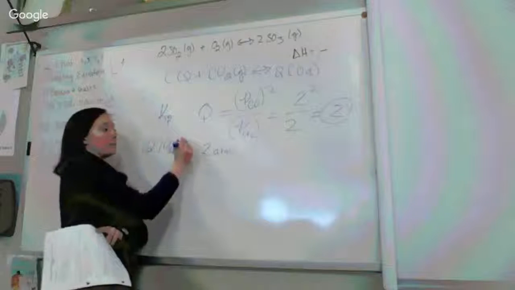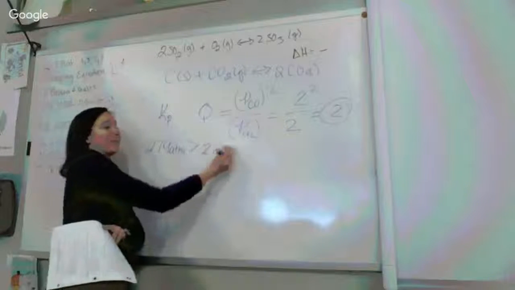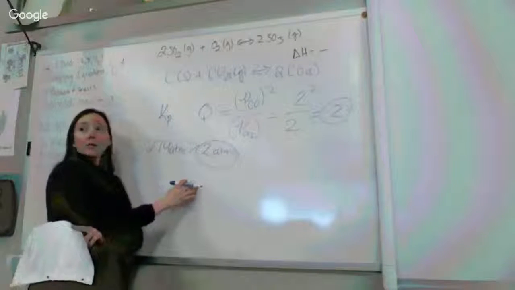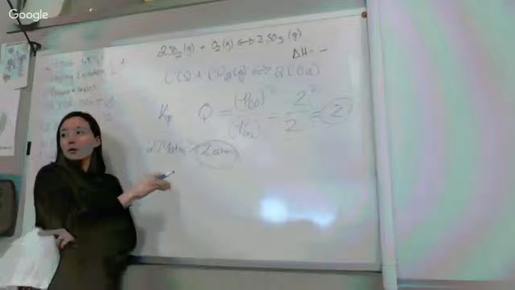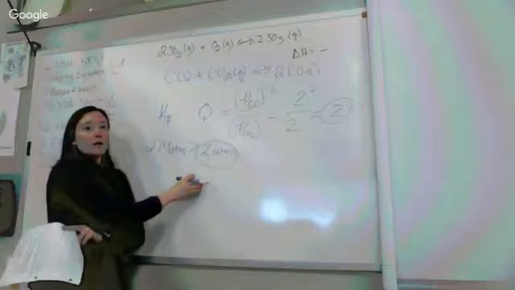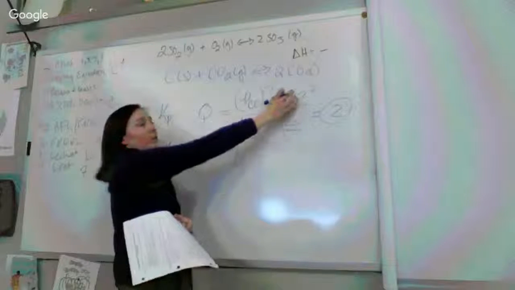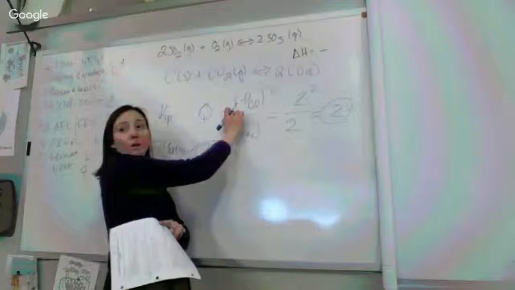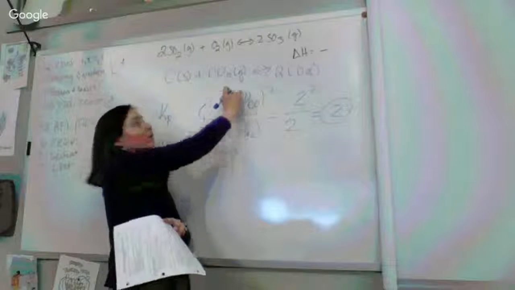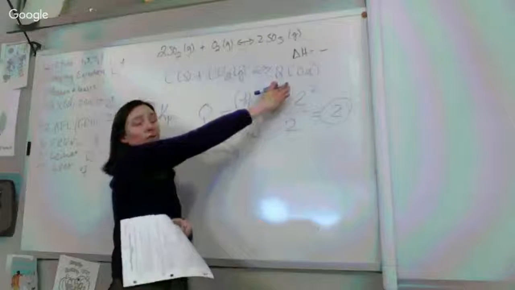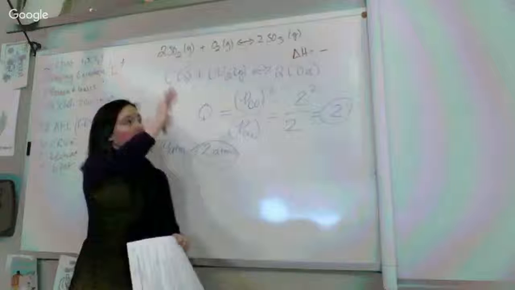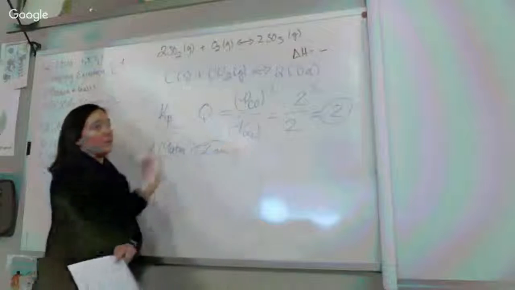It's smaller, right? So I need this number to get bigger in order to get to equilibrium. To get it bigger, my CO is going to have to increase. So my products are going to have to increase, which is going to make my CO2 decrease.